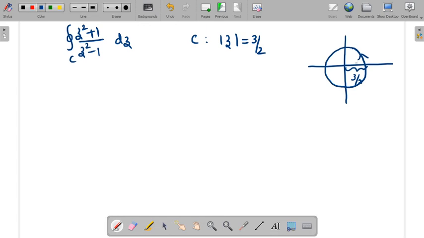The radius is 3 by 2. വീണ്ടും അനലിറ്റിക് അല്ലാത്ത ഫങ്ഷൻസ് 1ഉം minus 1ഉം ആണ്. ഇത് രണ്ടും ഇതിന്റെ ഉള്ളിലായിരിക്കും കിടക്കുന്നുണ്ടാവുക അല്ലേ. 1 is less than 3 by 2. So you can say z is equal to 1 and z equal to minus 1 lie inside C.